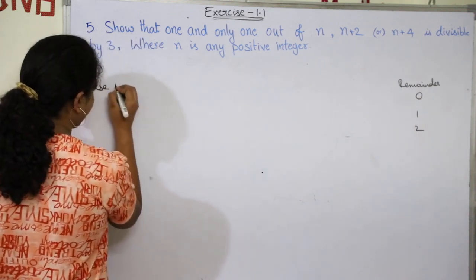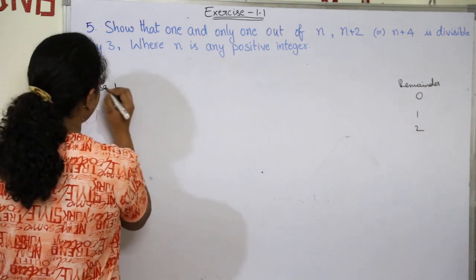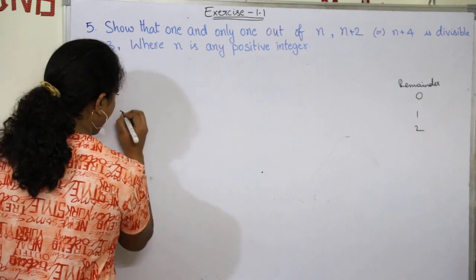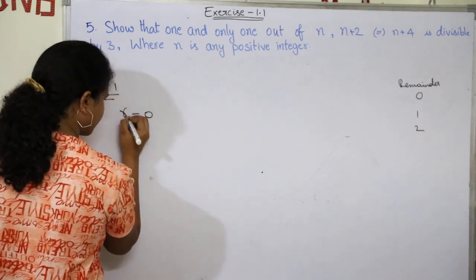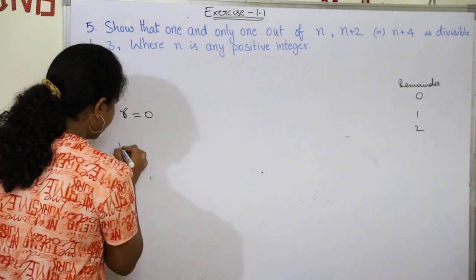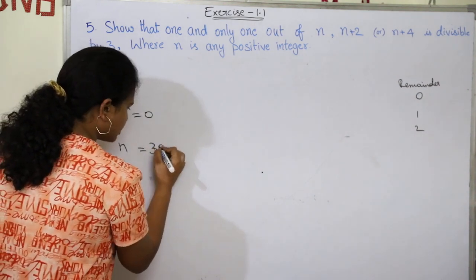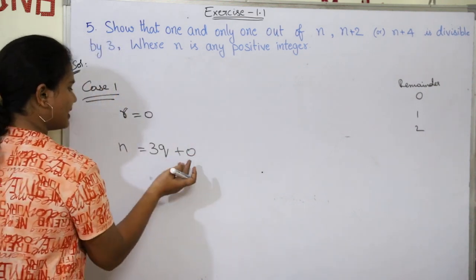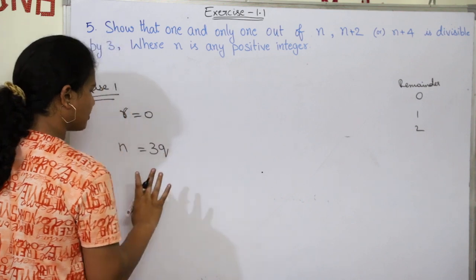In the first case, if the remainder r equals 0, then n equals 3q plus 0, so 3q as it is.